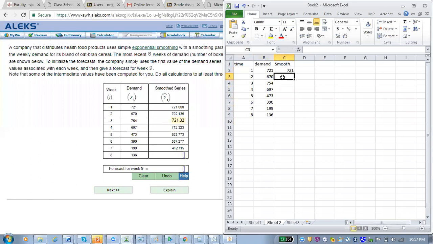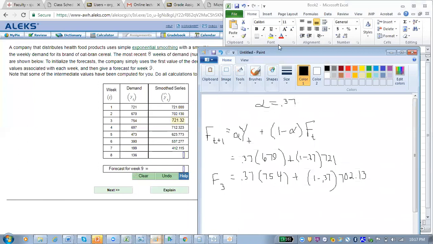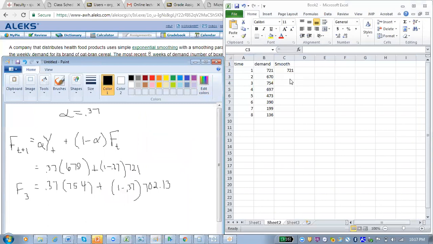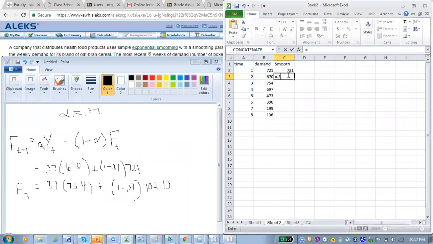So now if I wanted to predict this, I'm going to follow the exact formula that we just said. When I did this the first time, I took equals 0.37 times my 670 that happened in front, plus 0.63, because remember, 1 minus that, times what happened above me, which is 721.